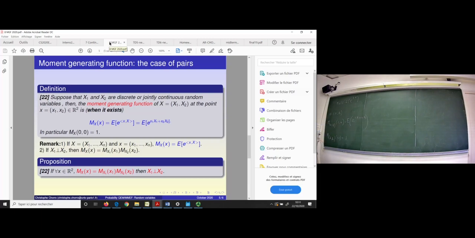How to recover the moment generating function of the components from the moment generating function of the pair? How to recover this one from this expression here?